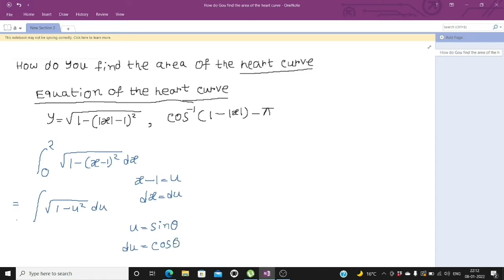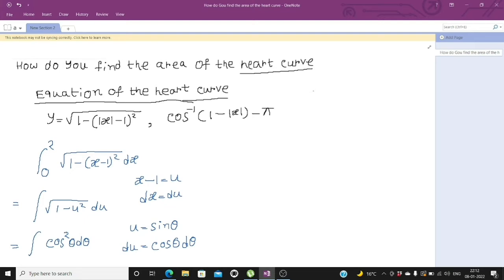And the square root of 1 minus sine square theta also becomes cos theta. So again, it is cos square theta d theta. We have to integrate this.